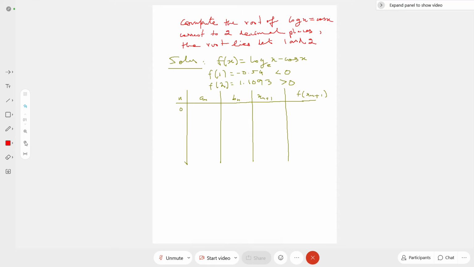You have to find log e base 2 also. You should get it, so many of them got it. Srijita, have you got 1.1093? Sweta, you should also get it, because so many of them got it. Just check it, there is no reason why you will not get it. Log e base 2 minus cos 2.